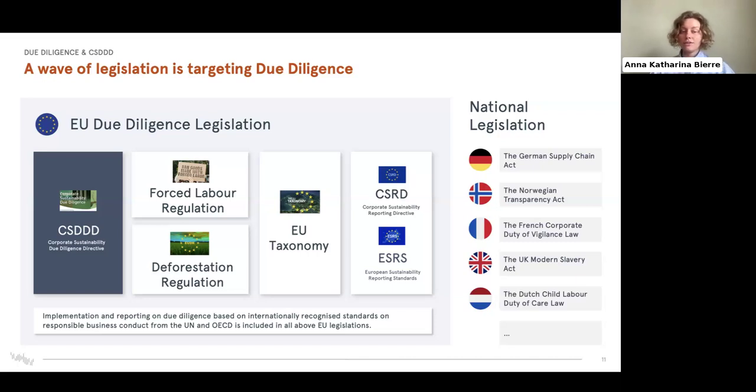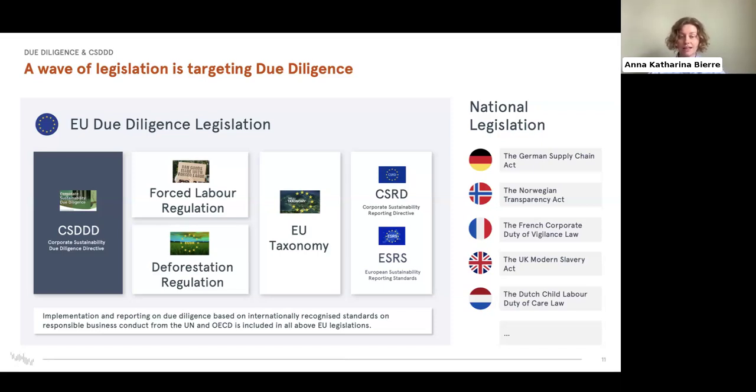And what is key to know is that due diligence is actually central to a broader set of EU rules, either directly or indirectly requiring companies to implement due diligence. Now I mentioned CSRD, it also includes the forced labor regulation, the deforestation regulation, the battery directive that enters into force in August, and so on.